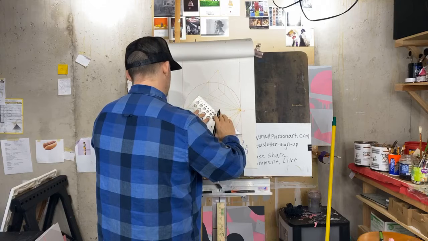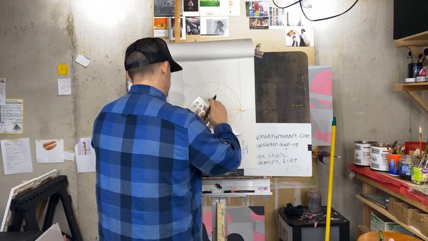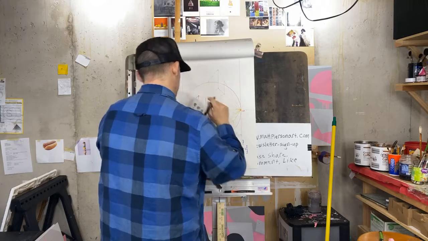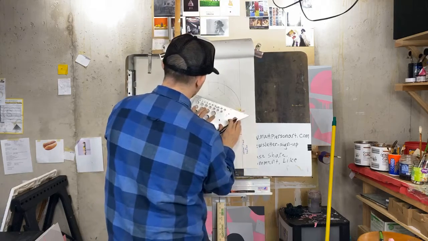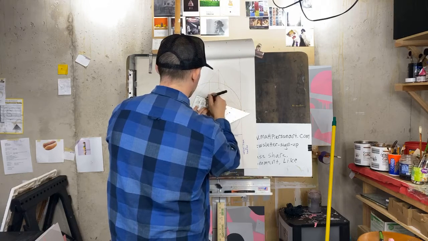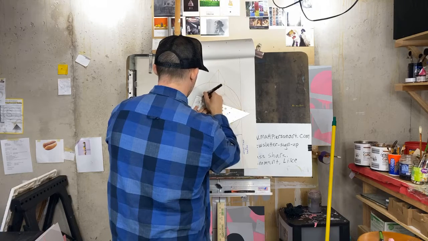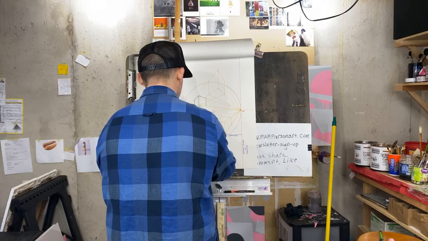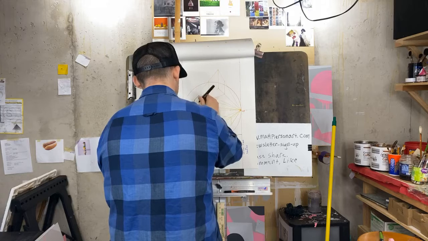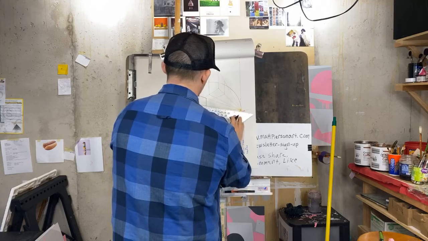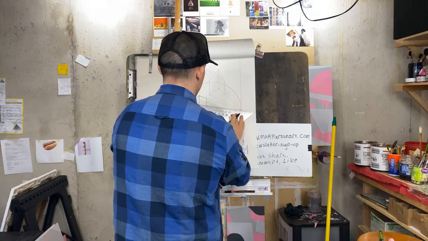Just take a moment to line this up in my left and right vanishing points. Making a line of convergence to my right vanishing point here.